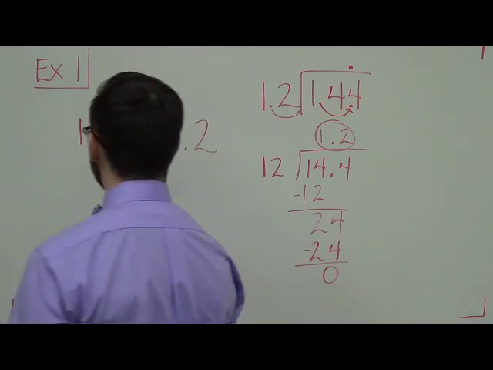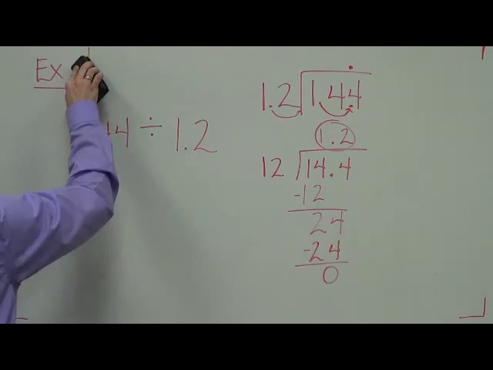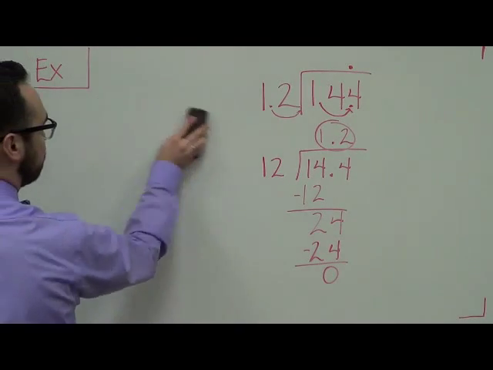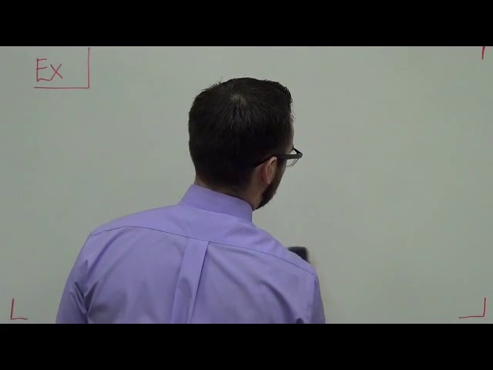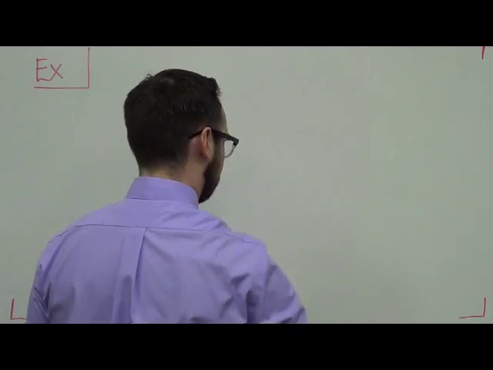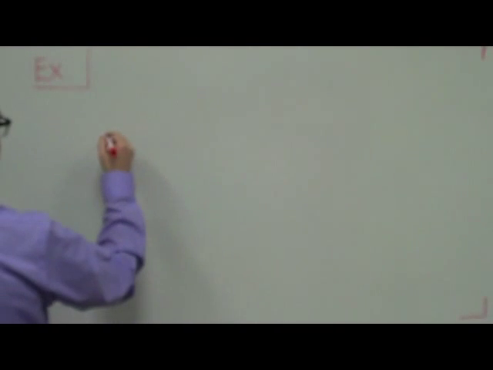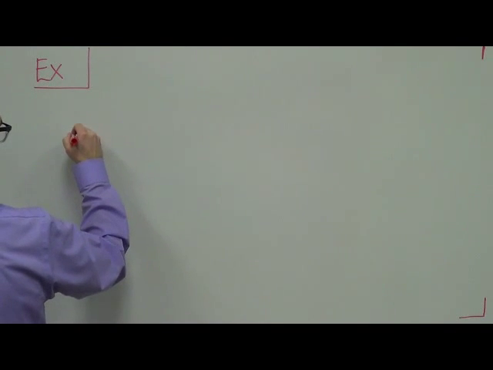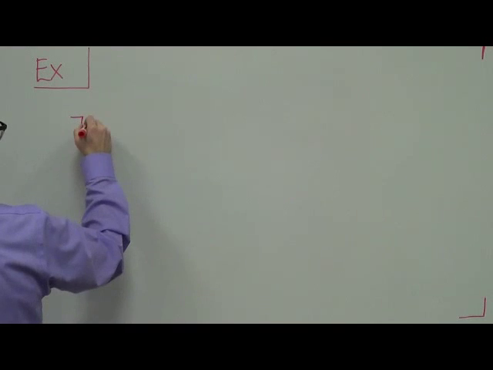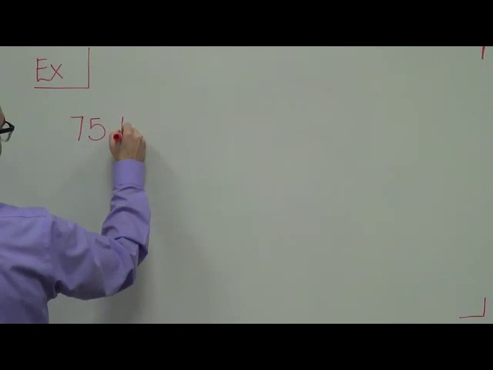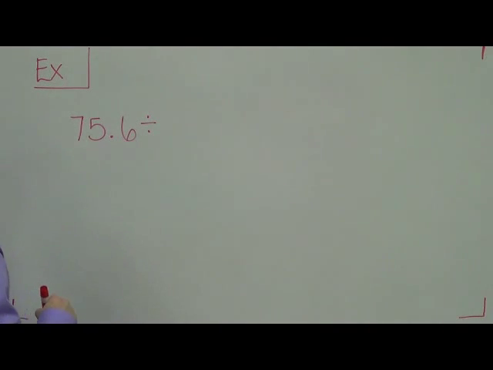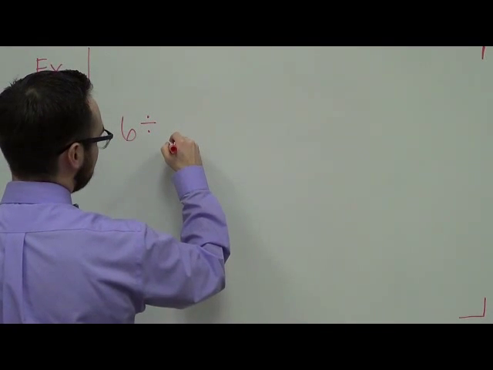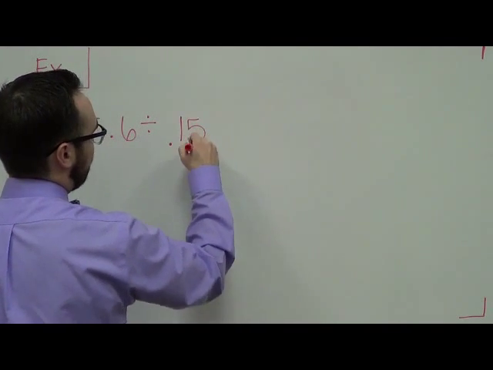Let's try another one. So for instance, let's take 75.6 divided by 0.15.